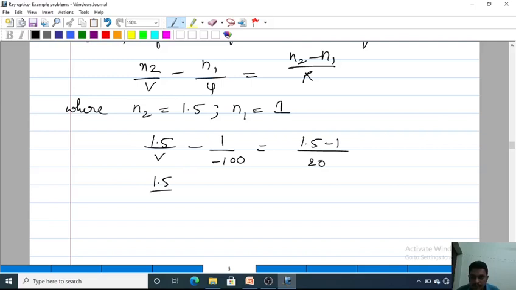So it is 1.5 by v plus 1 by 100 is equal to 0.5 by 20.